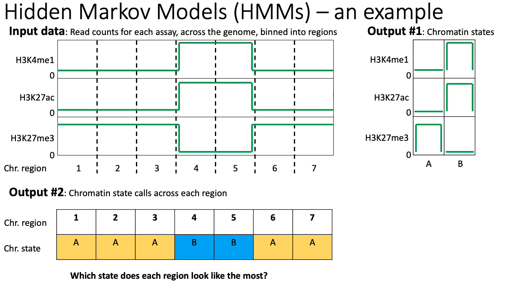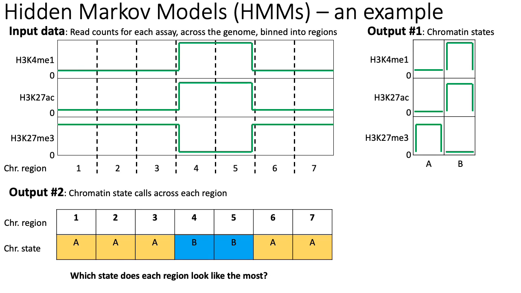And you can see that the states are labeled as AAA, BB, AA. One important thing to note here is that HMMs only try to identify combinations of histone marks that co-occur and tell you where they happen across the genome.